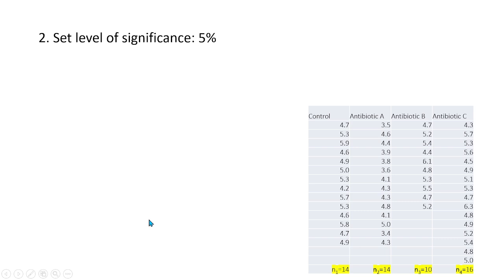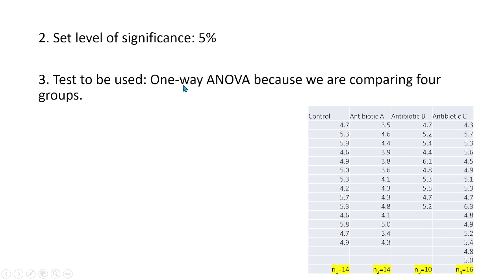Now, step number 2 is to set the level of significance. In this case, we will use 5%. And number 3, we're going to identify the test to be used. We are going to use analysis of variance because we are comparing 4 groups of data. So we have the control, antibiotic A, antibiotic B, and C.